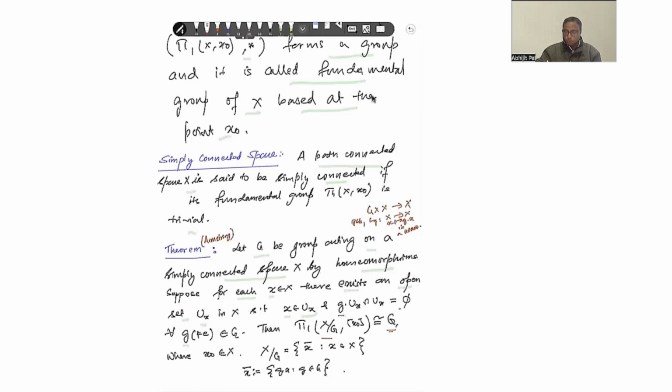You prove this using covering space theory, so I'm not going into the proof. Maybe in an algebraic topology course you have seen this. We are going to apply this result in our context.